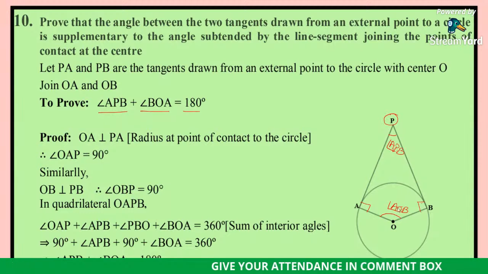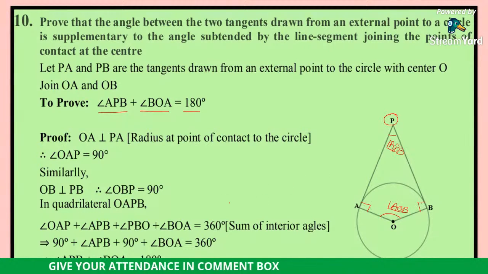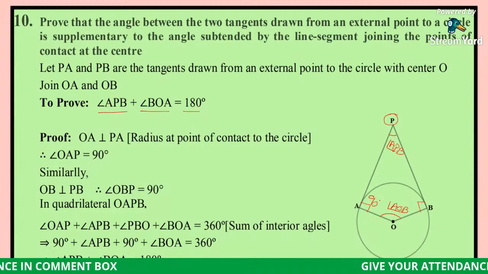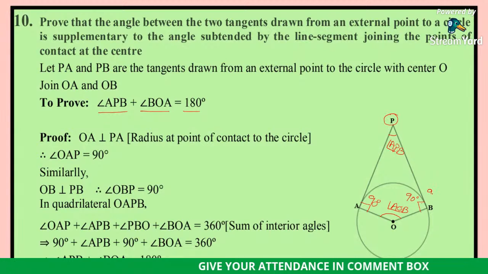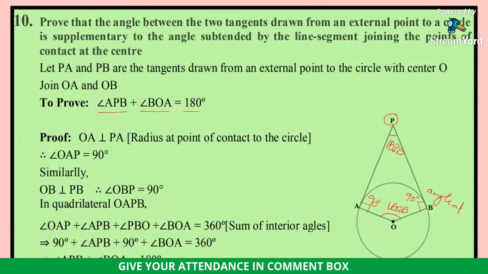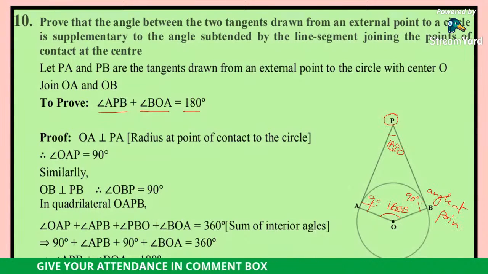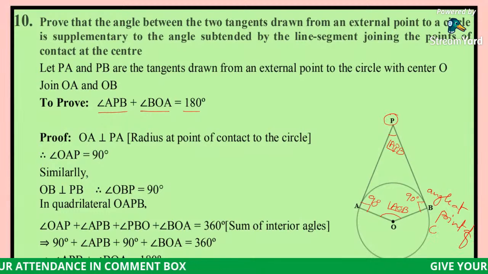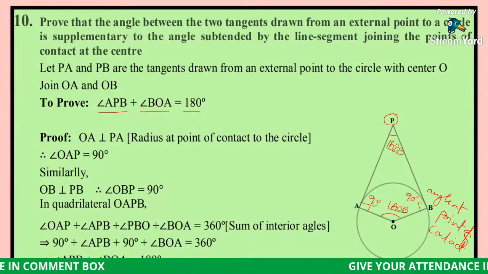To prove this one, we are going to write angle A is 90 degrees and angle B is also 90 degrees because angle at point of contact. Isn't it? Point of contact. This is one thing.